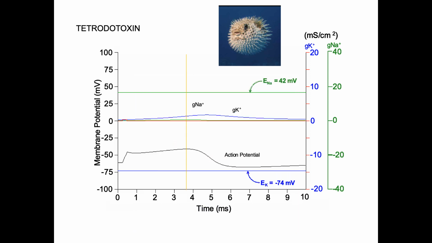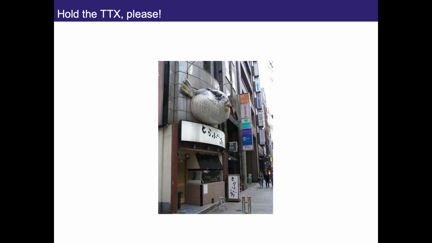If the sushi chefs prepare this properly, it makes your tongue tingle. But if they give you too much tetrodotoxin, it completely inhibits the respiratory neurons. You suffocate and die, okay? So if you're in Japan, you should learn how to say, hold the tetrodotoxin, please.